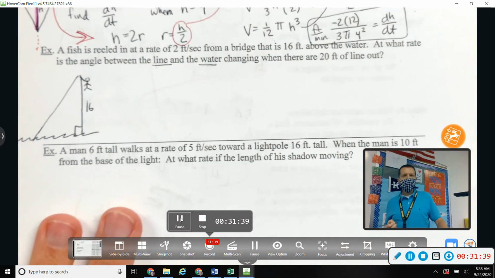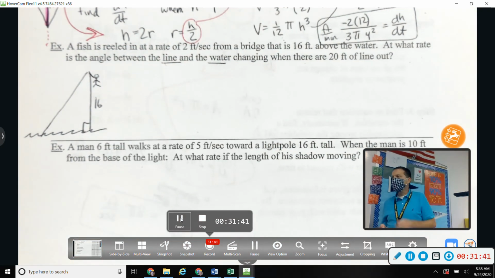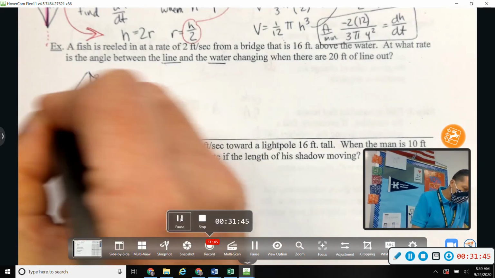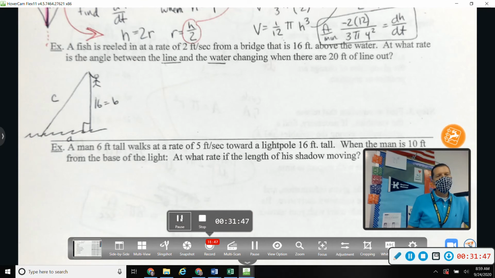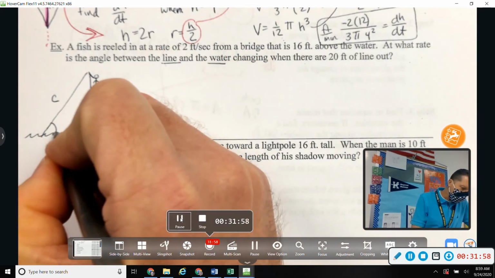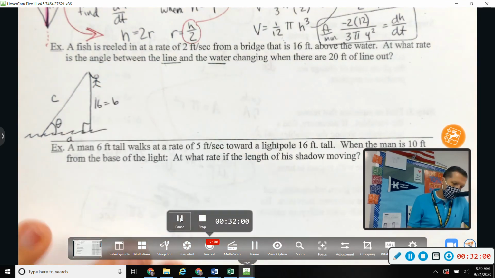So I think I'm going to go with A, B, and C. That way it fits Pythagoras. Fish is reeled in at a rate of 2 feet per second. What is the rate of the angle between the line and the water? So that'd be down here. When there are 20 feet of line out.